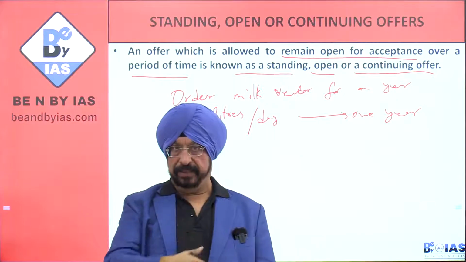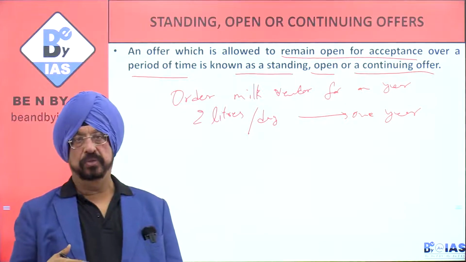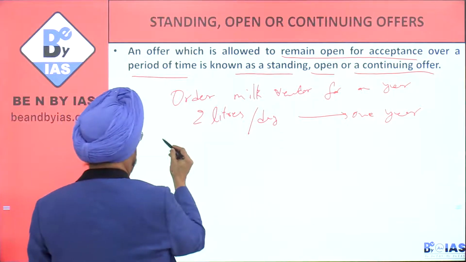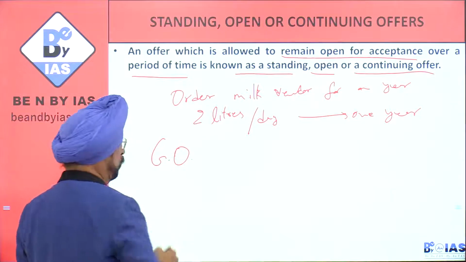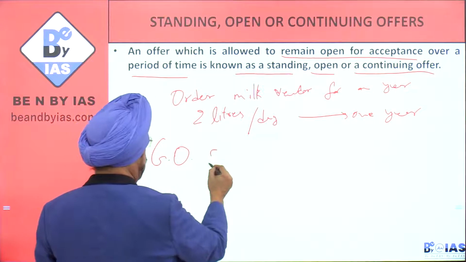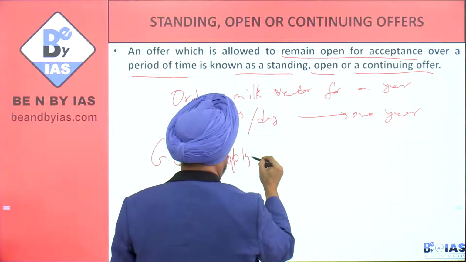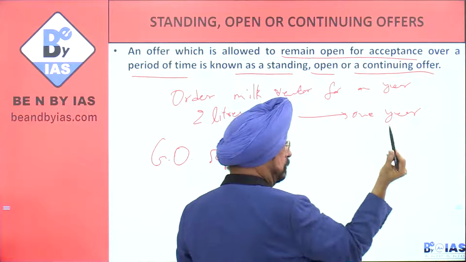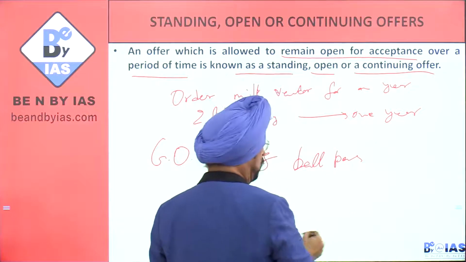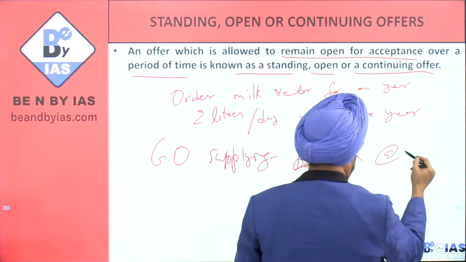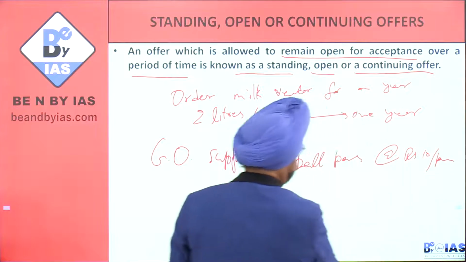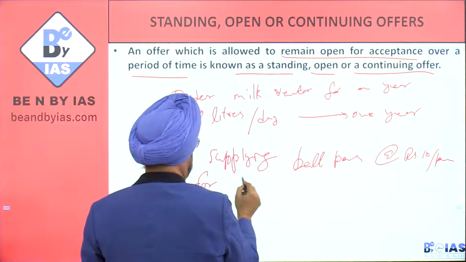We will see in different cases. You get a government order, not a tender, I'll say a government order, which is called GO, placing orders with you for supplying, let us say, these ball pens to that department at the rate of rupees 10 per pen for 6 months.